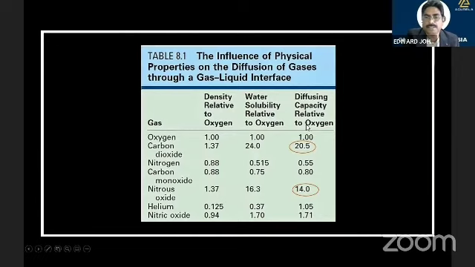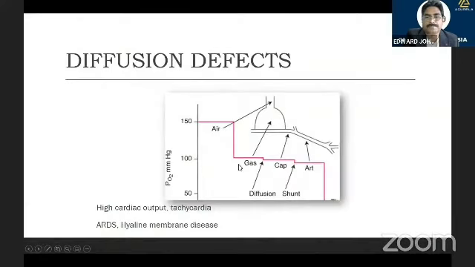But when you see the diffusion capacity, helium's is similar to oxygen. So heliox is useful only for the obstructive pathology of the lung, not the diffusive pathology of the lung. That is the inference, because the diffusion capacity is similar to the oxygen. It can be used only in the obstructive pathology of the lungs.